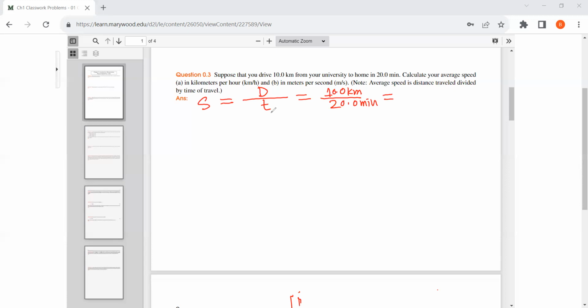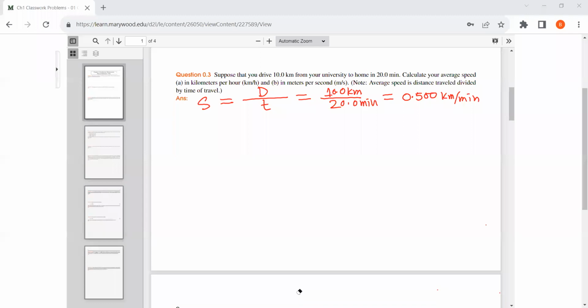So if I do this math, we get 0.500 kilometer per minute. The next thing we have to do is convert this speed into kilometer per hour and into meter per second. So let's see how to do that.